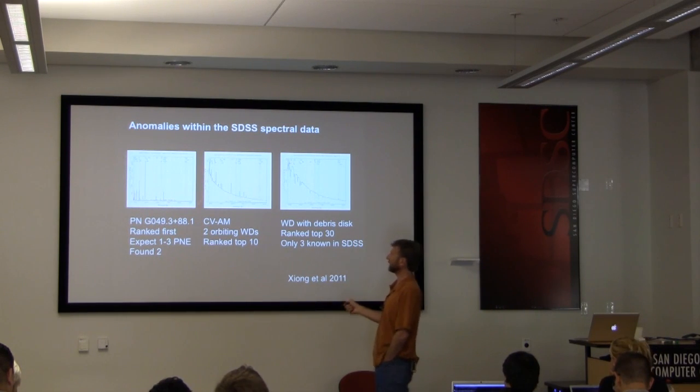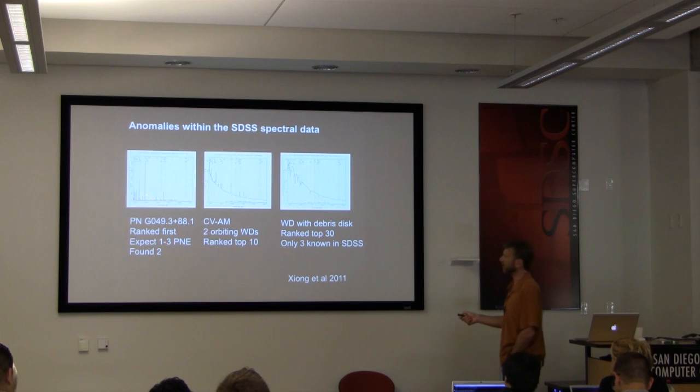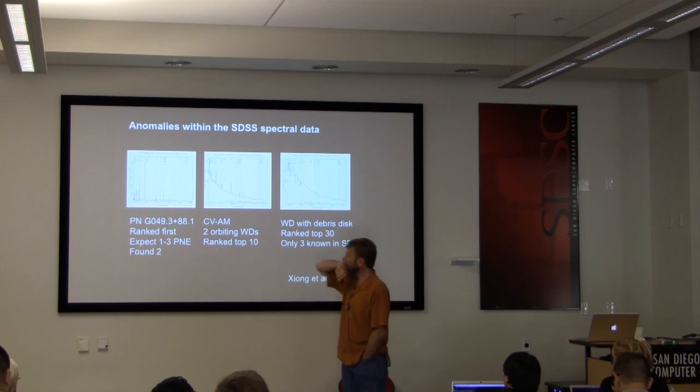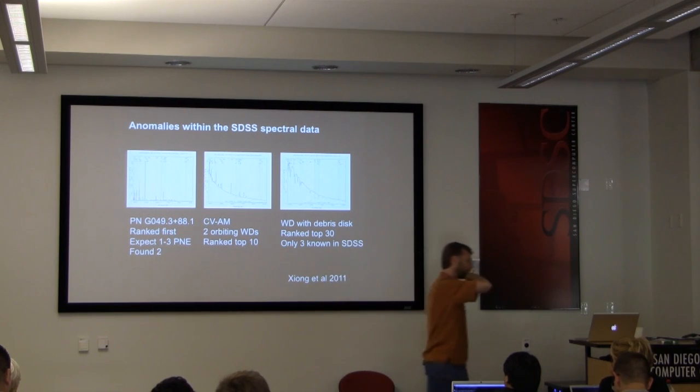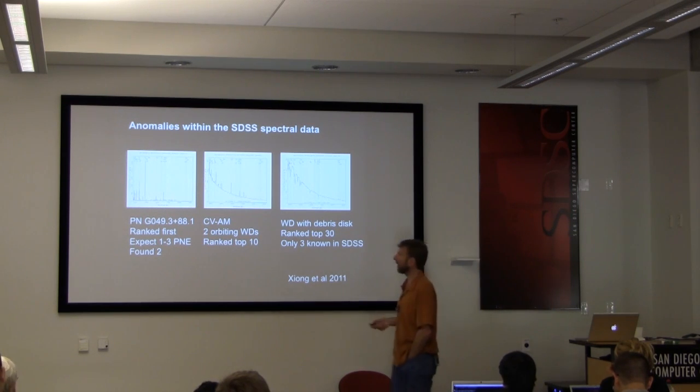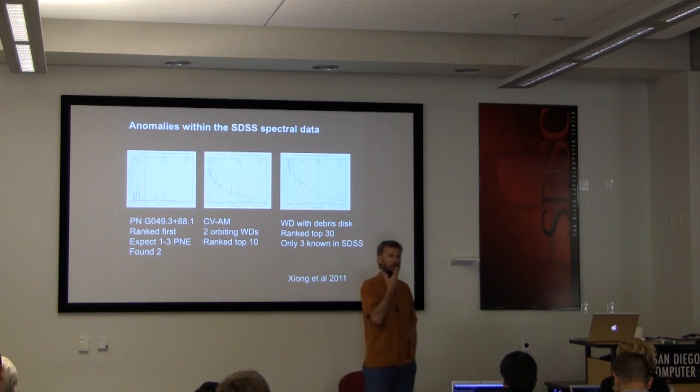And this is what you get if you go through this. The first classification, using local linear embedding, the most unusual spectrum in the SDSS is this planetary nebula here. It's a little bit hard to see the lines. If you were a planetary nebula person, you would say that doesn't actually look much like a planetary nebula to me in terms of the spectral lines, because some of the emission lines are actually missing.